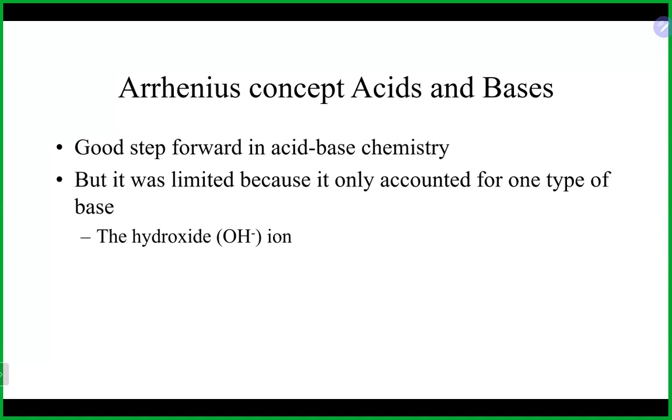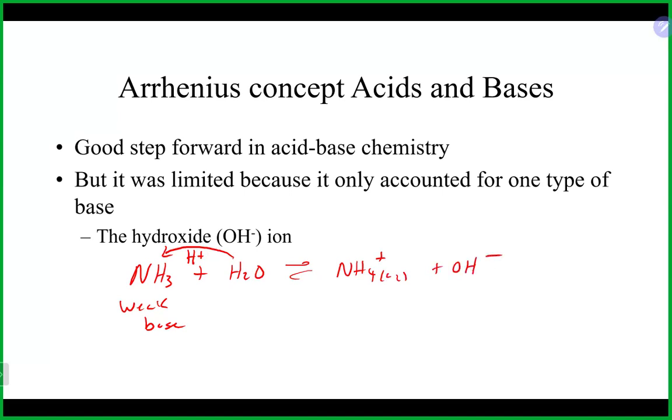For example, NH3 is a weak base. And it's a weak base because when NH3 reacts with something like water, it's actually going to take an H plus from the water. And the result of that is you'll make NH4 plus, and you will make some hydroxide ions.